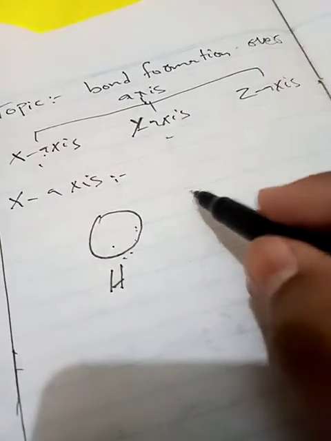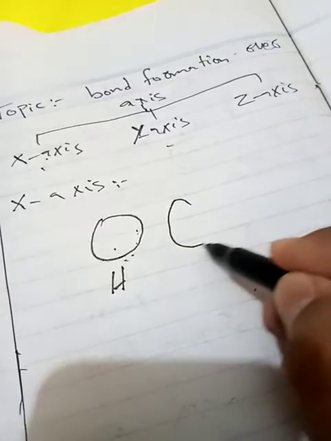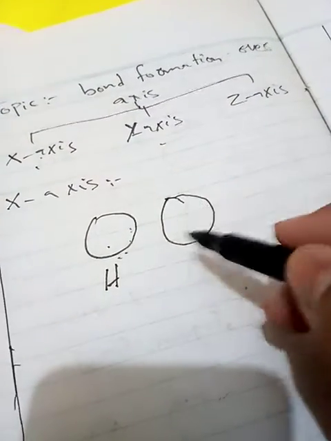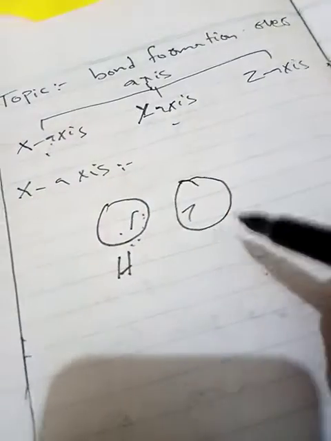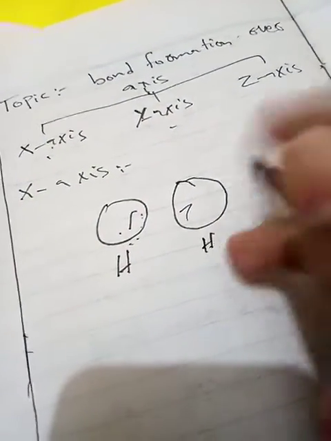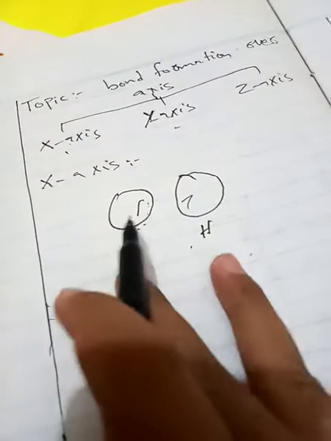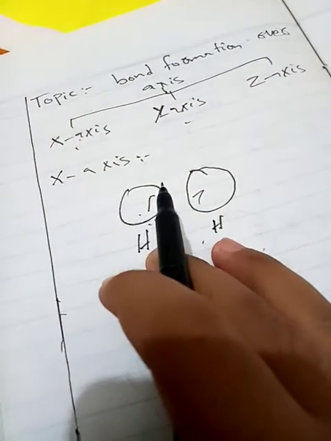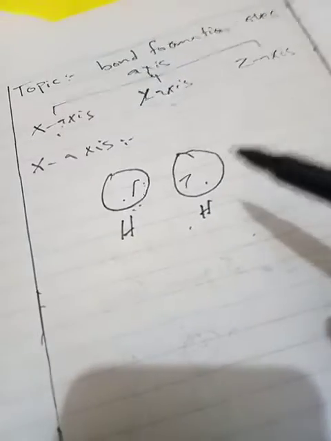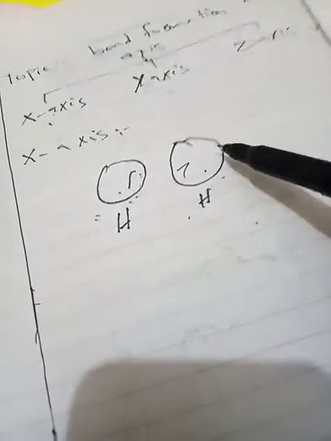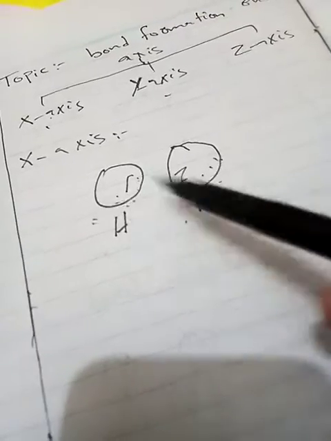This is the other hydrogen, which also has one electron in an s orbital, because both hydrogens in atomic form have one electron in the s orbital.